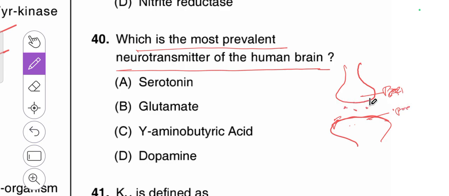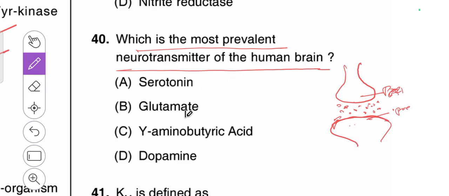Here the chemicals will get released from the axon, that is synaptic knobs which are present in the neuron. These chemicals are called neurotransmitters. They will pass the messages from the presynaptic to the postsynaptic neuron.